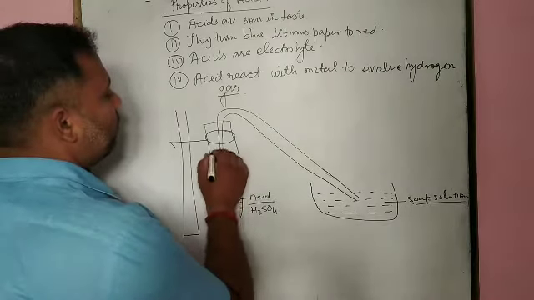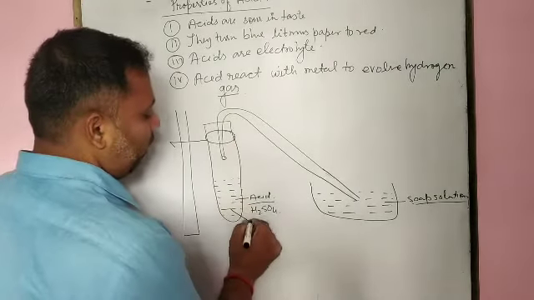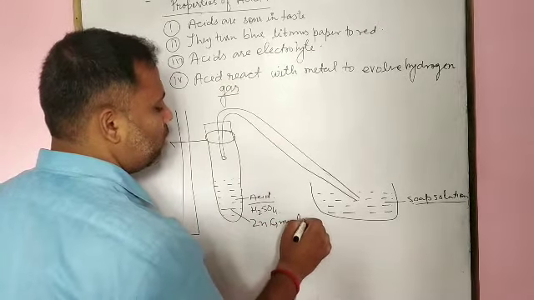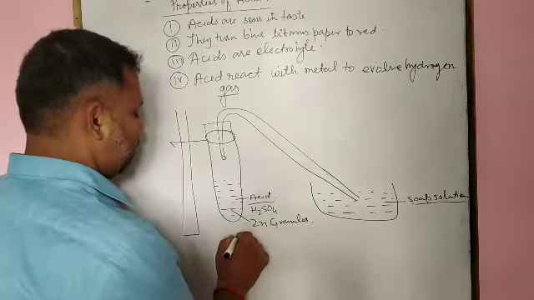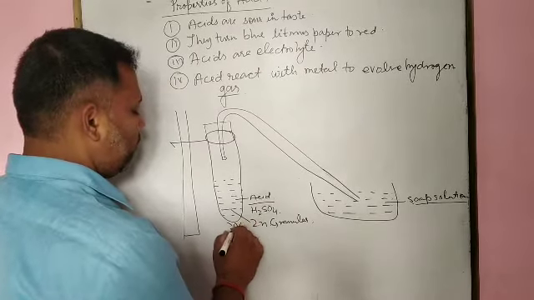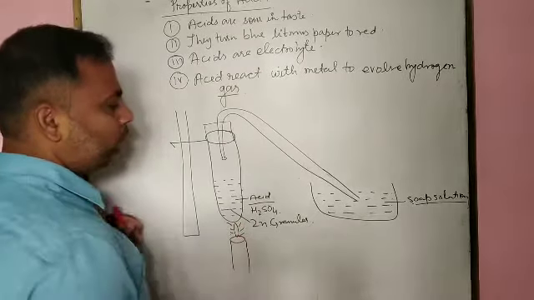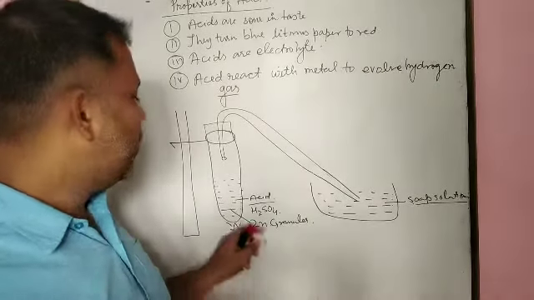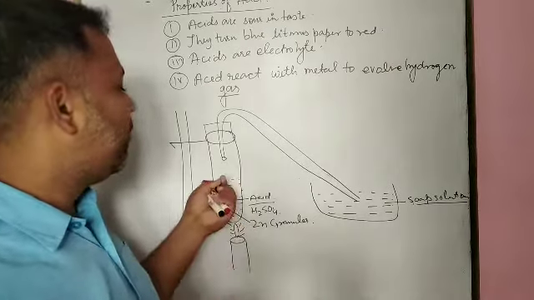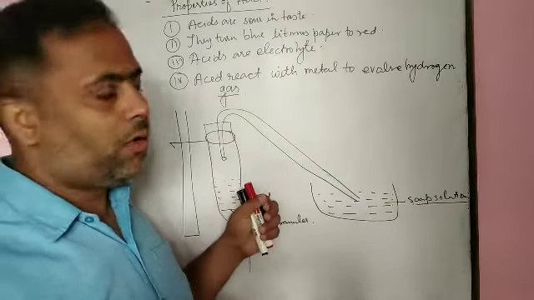When we place zinc granules into it and heat it, the zinc reacts with the acid. When it reacts, bubbling occurs and a gas is evolved.